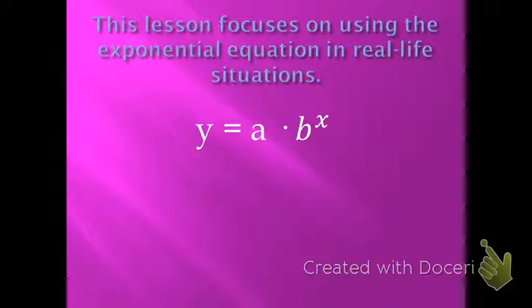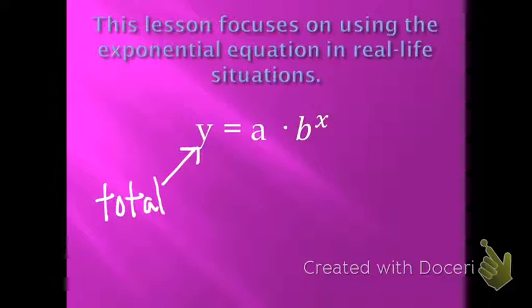in real life situations. So if you remember, we talked about each part of this equation having meaning. Y was the total amount that you're going to have at the end. The A, remember, is the beginning, or the amount that you start with.